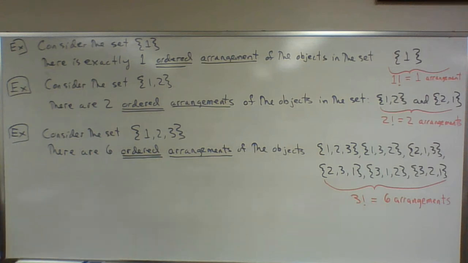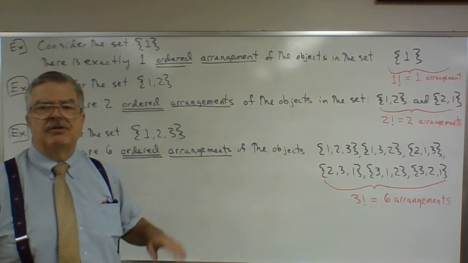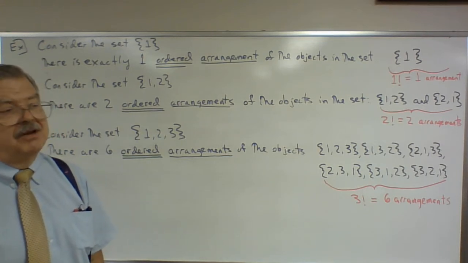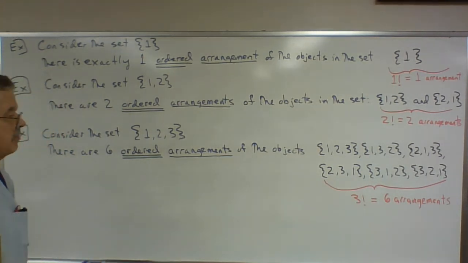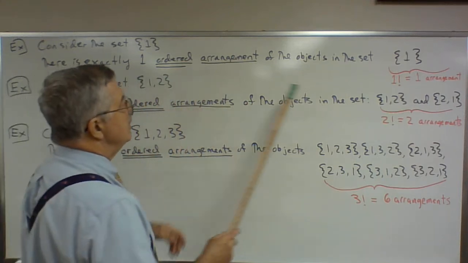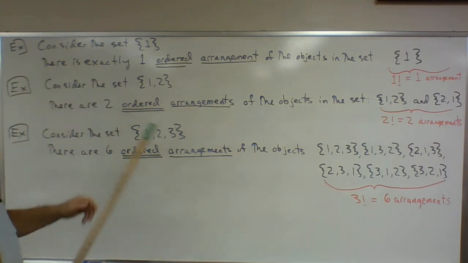And we might wonder if this is just a coincidence or whether this pattern holds for any number of elements in a set. See, we had one element and there was 1 factorial arrangements. We had 2 elements.